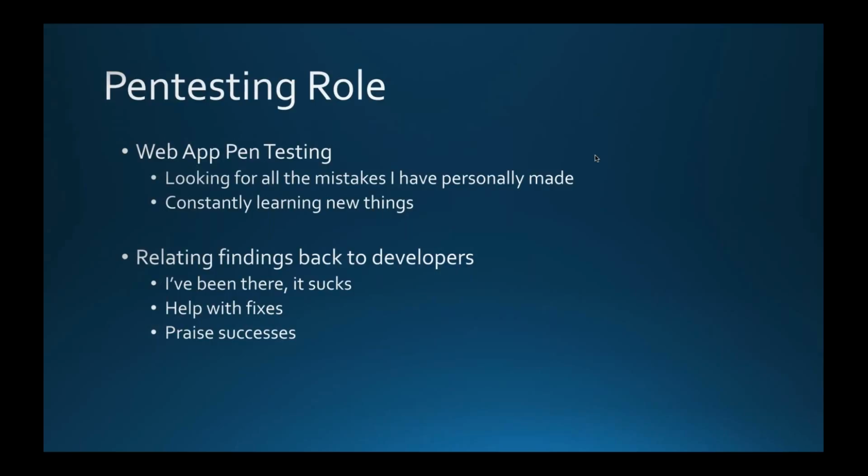So I try to do that in my current role when I'm presenting to the developers, and especially in the reports. They need to be tailored in such a way that you're not saying that you're just broken and you didn't do anything right. It's very much we're just another arm trying to make this a better product, and presenting it in that way.